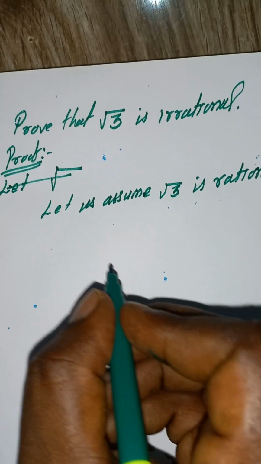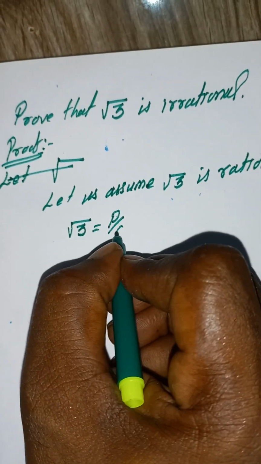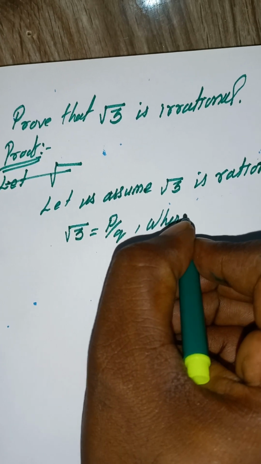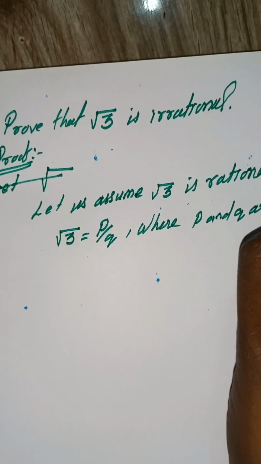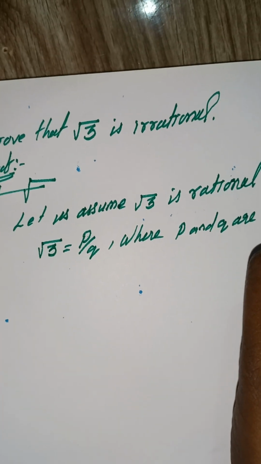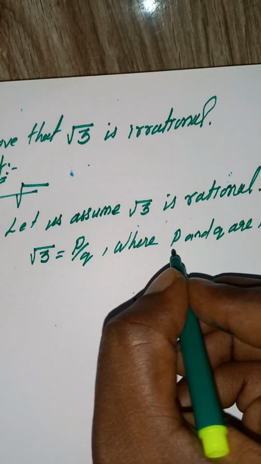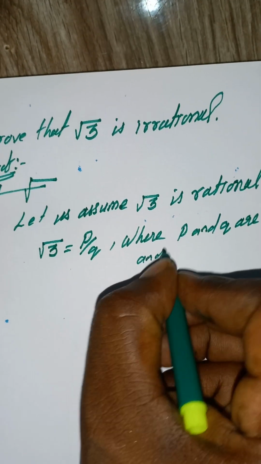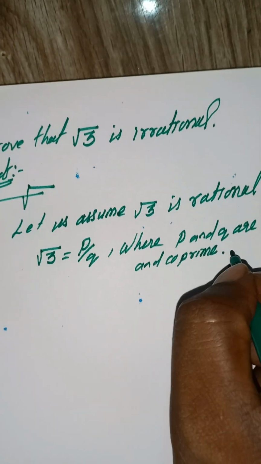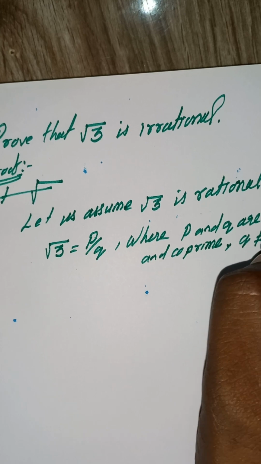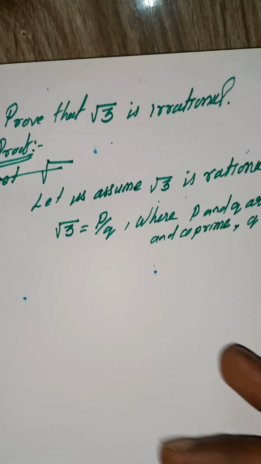So we know that rational means it should be in the form of p by q, where p and q are integers, not only integers, we can say co-prime integers, and q not equal to 0 because q is in the denominator.